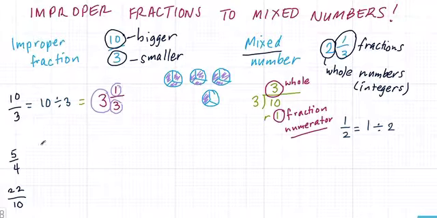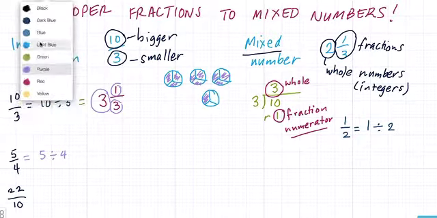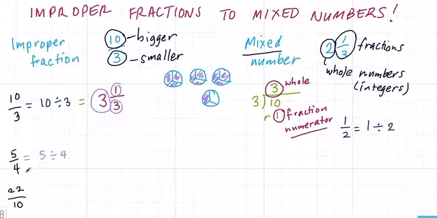So let's do the same thing with this next one. We've got 5 over 4. Remember, it's always a good idea to write this down just as what it is, 5 divided by 4. Same as when we read left to right, you read top to bottom with fractions. So we're going to do the division again, nice and quick. Whichever number is second, put that outside. We want to know how many 4's are in 5.